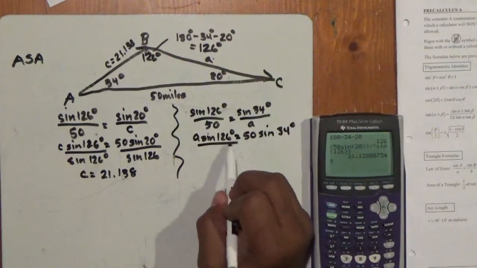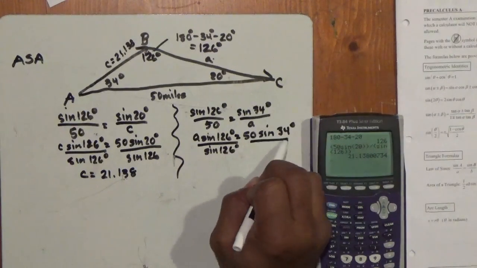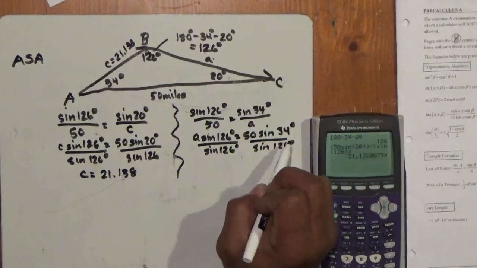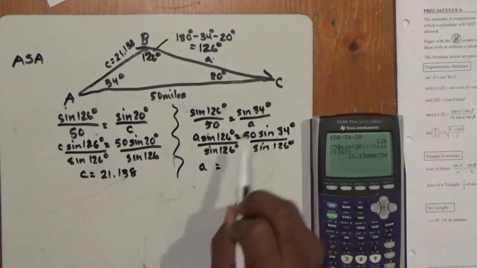Divide both sides by sine 126, and that'll give us all of this.